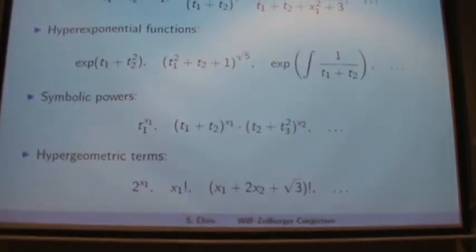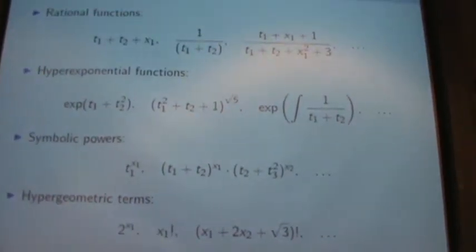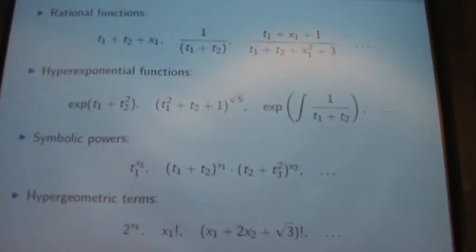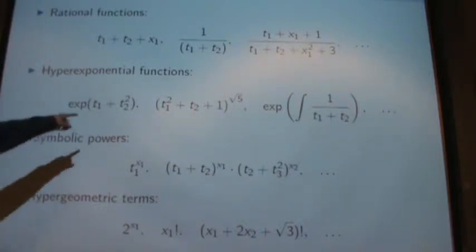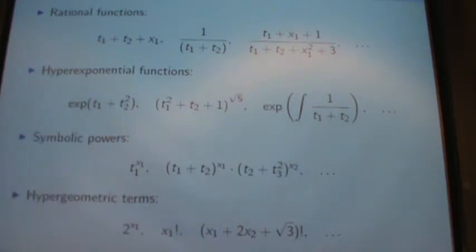Now let's see some examples. Sure, the rational functions are hypergeometric. And a hyperexponential function means a hypergeometric function of only continuous variables. And then you will see that the usual exponential functions are hypergeometric. And also some function to some irrational power is still hypergeometric.